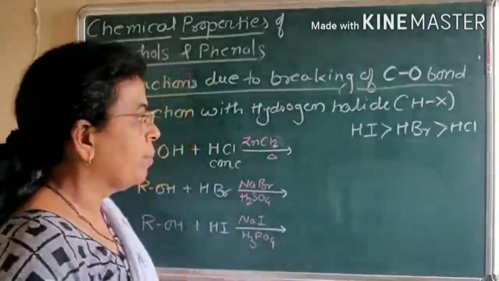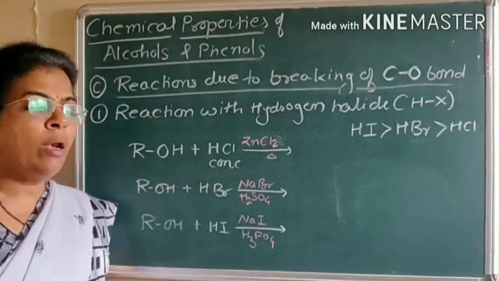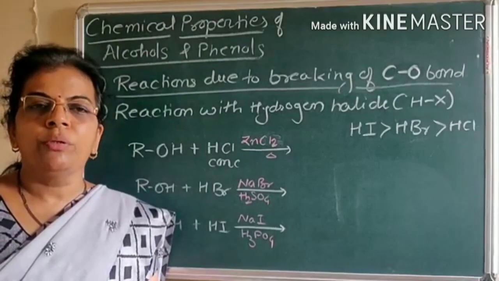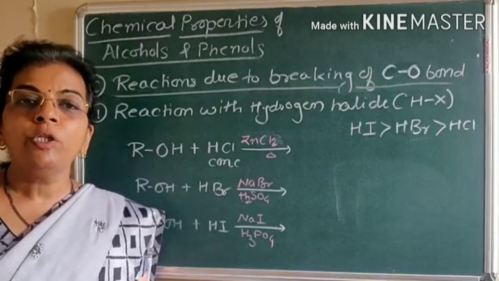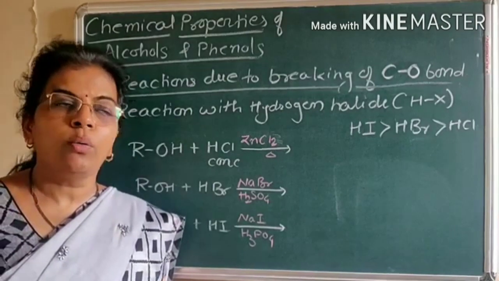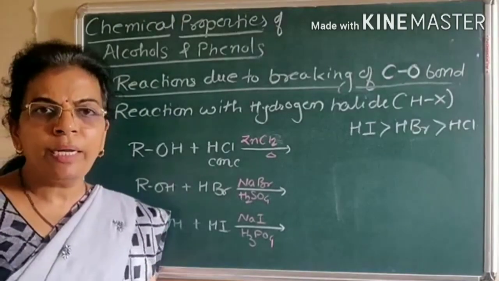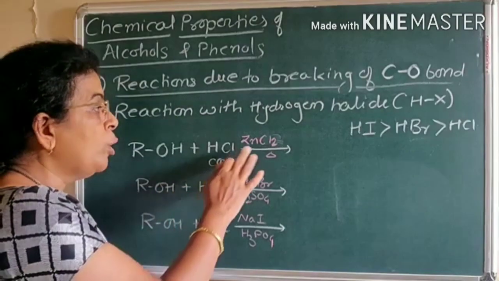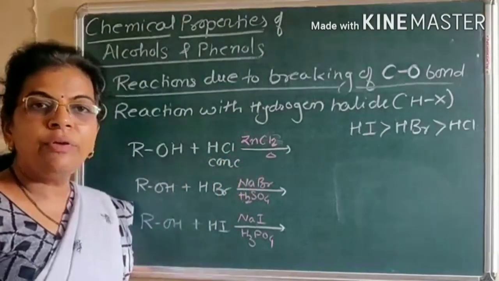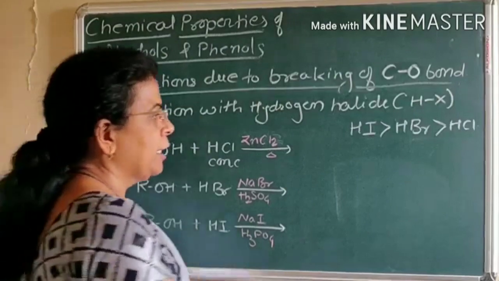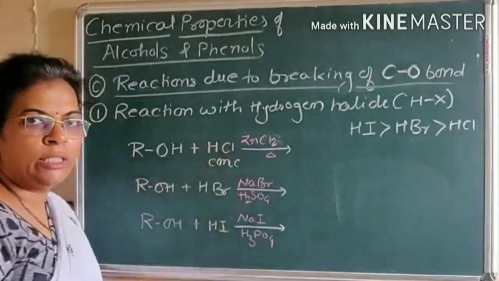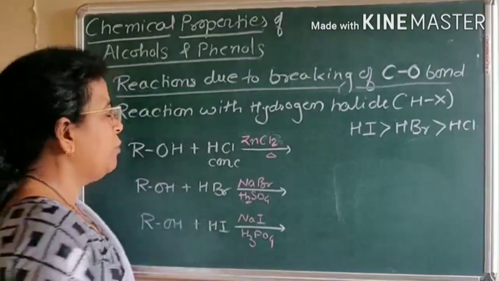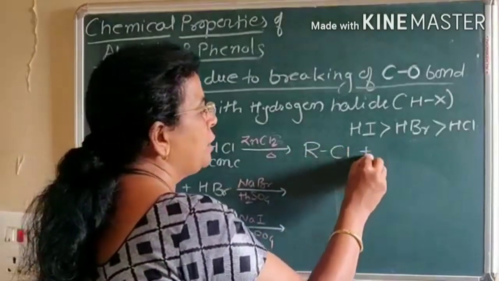HCl is least reactive. This reaction of alcohols with hydrogen halides we have seen in halogen derivatives, that is in topic 10, preparation of alkyl halides by using alcohols. Now we will only summarize these reactions. When alcohol is treated with Lucas reagent, which we saw yesterday, that is a mixture of concentrated HCl and ZnCl2, and heated, then we get RCl plus H2O.